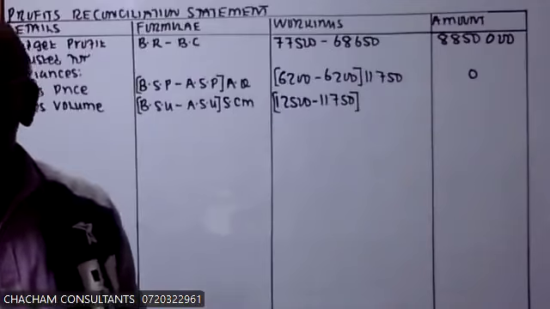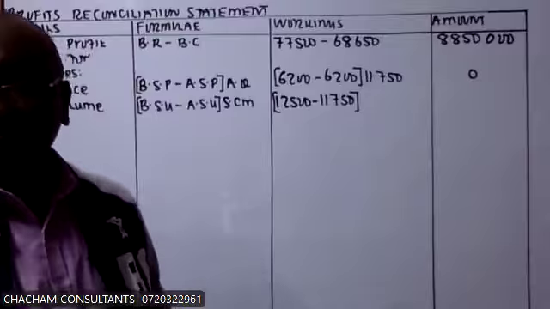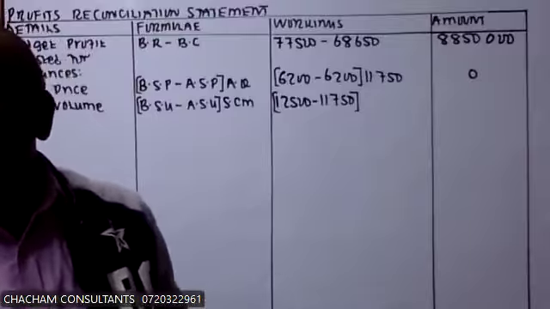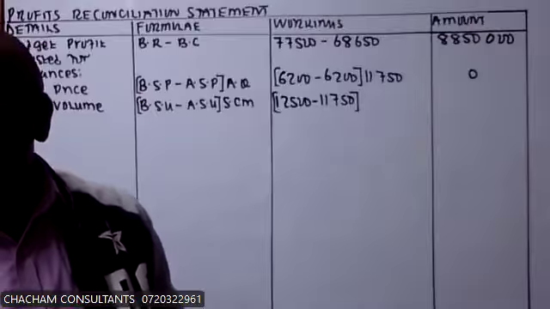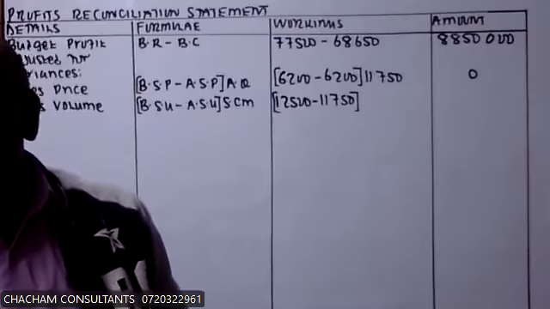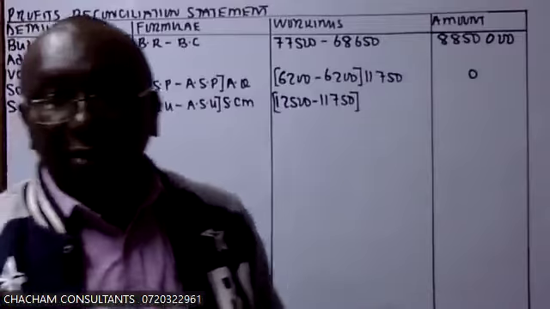So what I want you to do is go to the revenue, that 77,500, you less 22,400, you less 6,250, and you less 14,400. That's how we get the contribution margin.